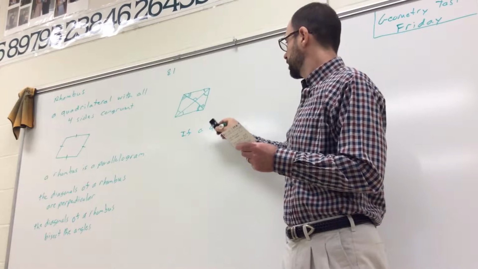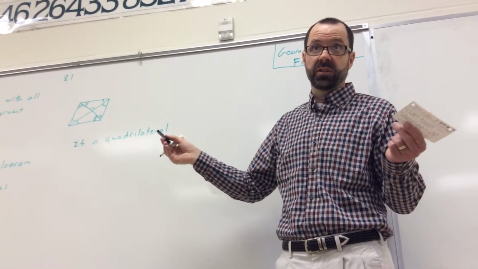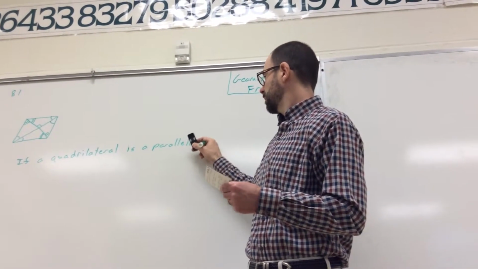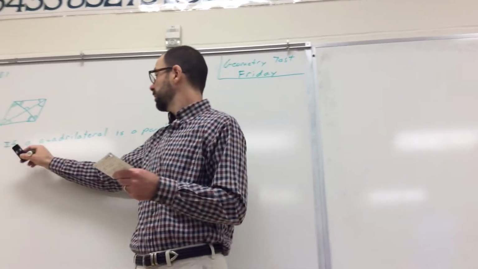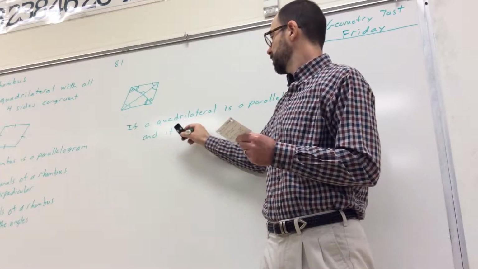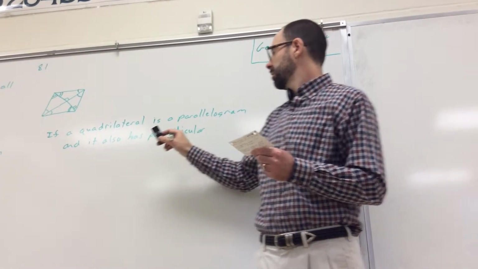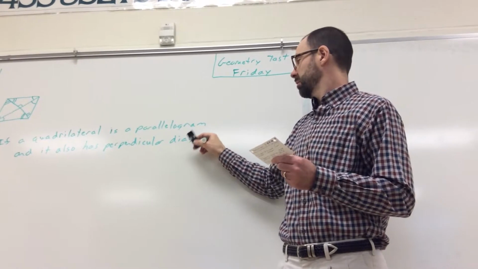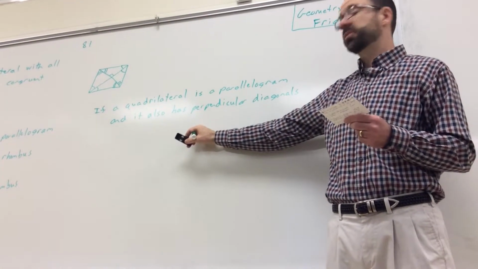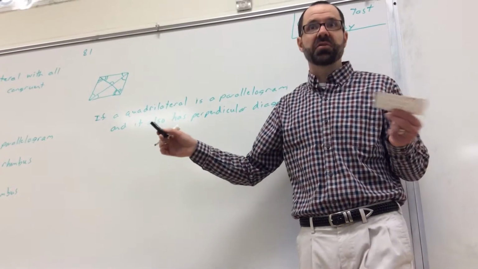If a quadrilateral, so a four-sided figure, is a parallelogram, and it also has perpendicular diagonals, then it turns out it's a rhombus.